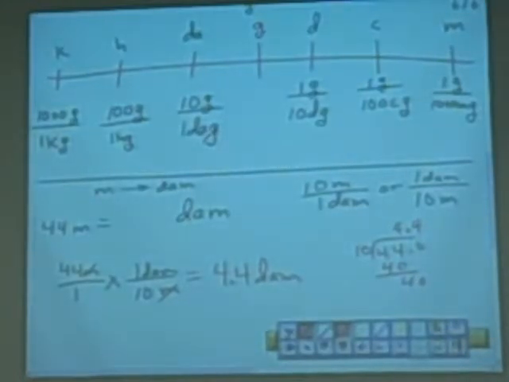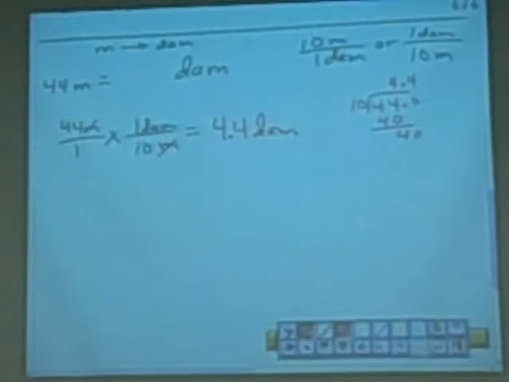When you're multiplying by 10, the decimal point is moving which way? To the right. When you multiply, you move the decimal to the right. Divide by 10, you're moving the decimal place to the left. Okay, one more, and then we'll stop for today.